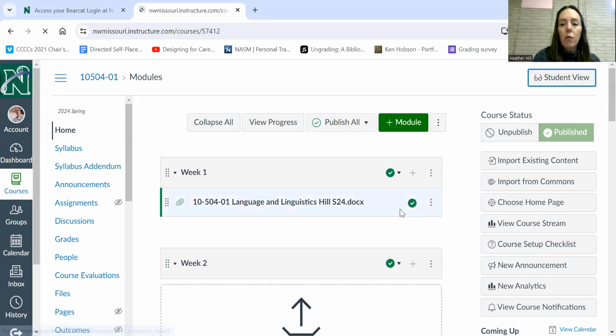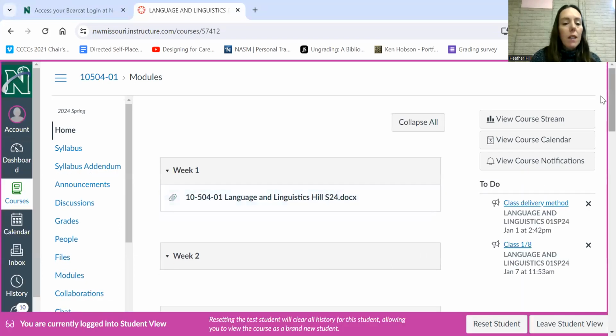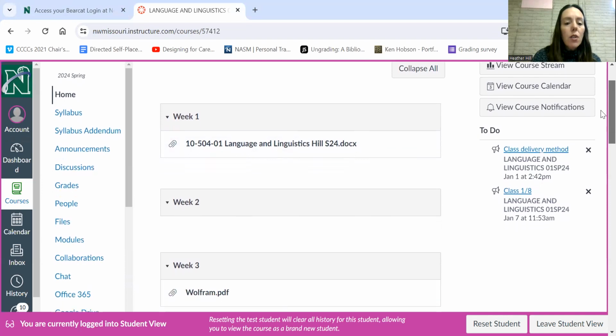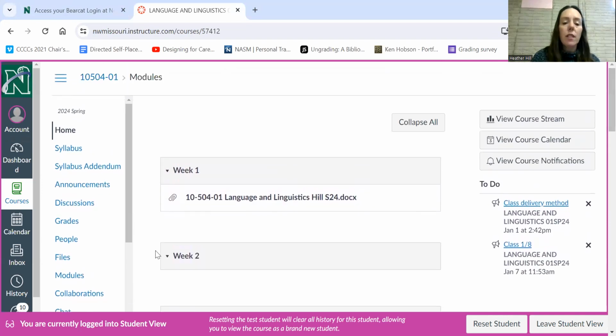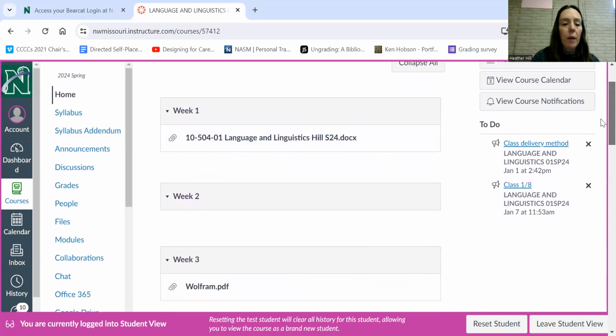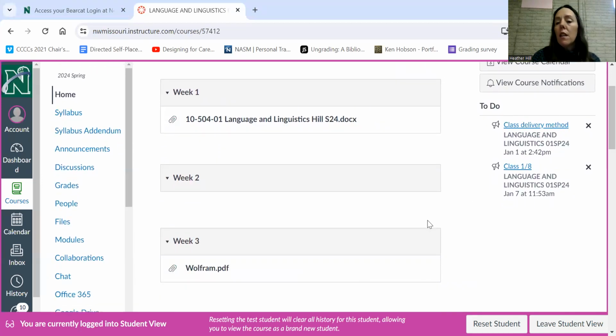This is what it will look like for you at this moment. I have this set up in a really simple way that's super easy to follow. It's just by week. Anytime there's a reading, it is listed under that week. You'll have to look back at the syllabus to see which day, but they're usually in order, one reading per day.